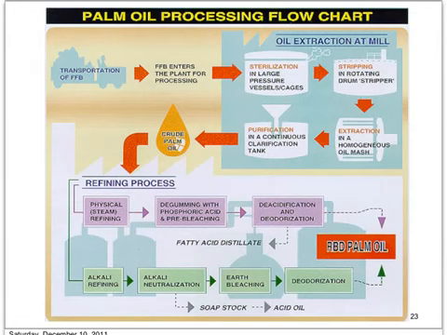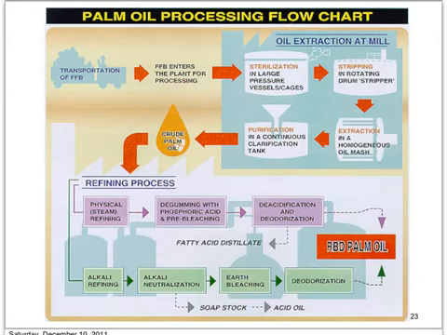So this is a nice flow chart to show the various stages in the palm oil processing. So we start from transporting the FFB, the fresh fruit bunch, from the plantation by using various means of transportation. Then it will go to the oil mill, to the plant for processing.